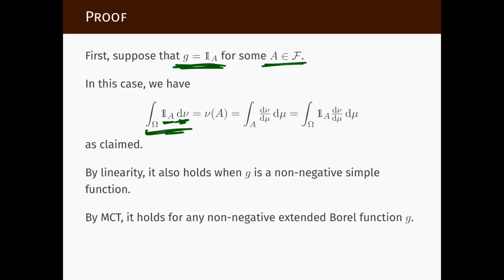And this is nu of A because the integral is unitary. Okay. So this is an axiom of an integral, not really an axiom because we proved it later on, but this is an axiom that the integral of an indicator function is the measure of that set.